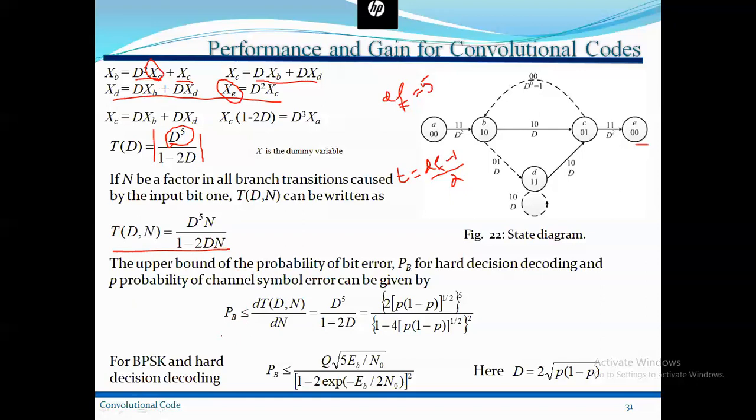So the probability upper bound is d5 over 1 minus 2d, and if we put the value of d equal to the square root of p(1 minus p), we will have the value given here. So the probability here will be reduced in this form. The value of d is in fact given here.